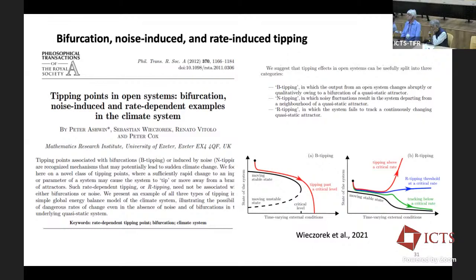So in some sense, the timescales are reversed. The forcing is rapid. The change in parameters is rapid. The system has a lot of memory. Then you're liable to get a rate-induced tipping. But you can also get a bifurcation-induced tipping in such systems. I see. The concern is that you don't have to wait for a bifurcation point in the overturning circulation if the rate of freshwater forcing were large enough.